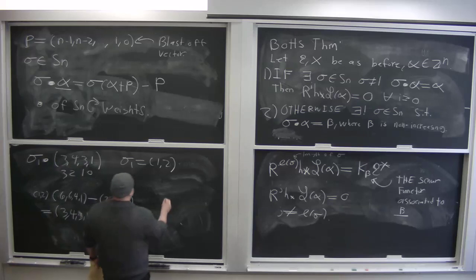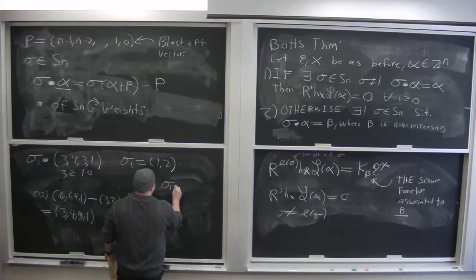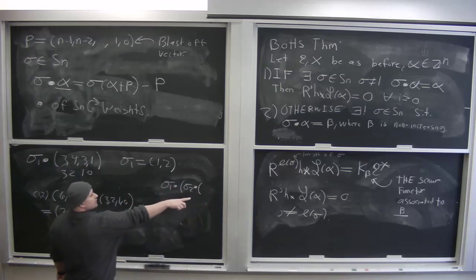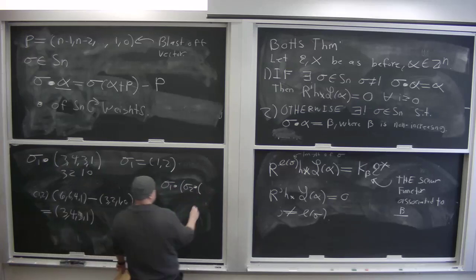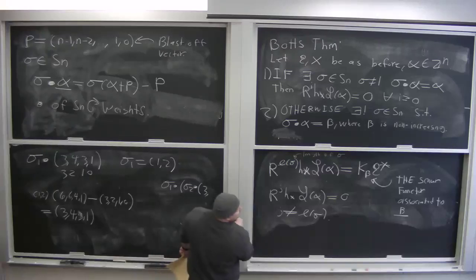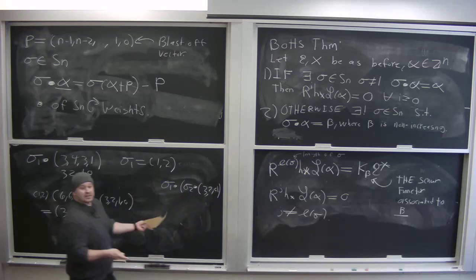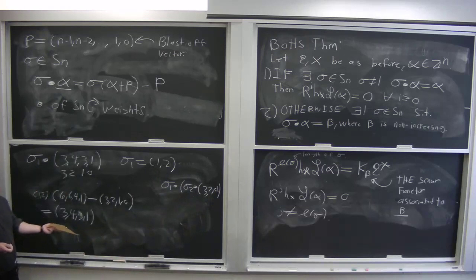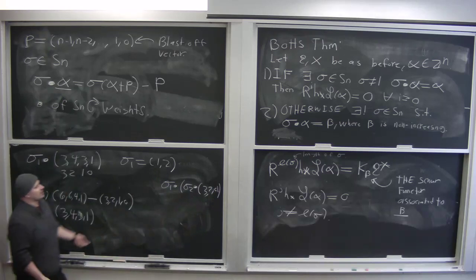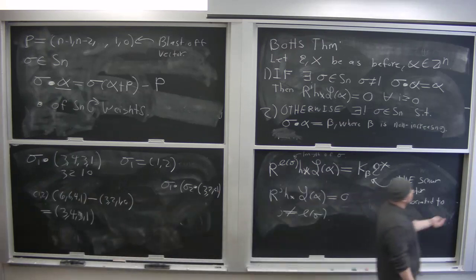What is it saying if I took sigma 1 bullet composed with sigma 2 bullet of the original one? What was it? 3, 2, 5, 1. Now it is a fixed point. So by composing it, this one actually was a fixed point.